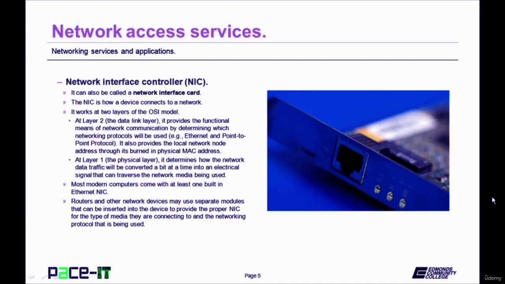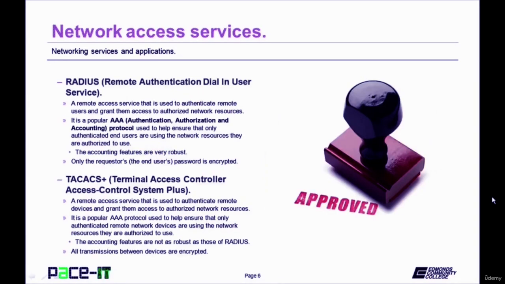Most modern computers come with at least one built-in Ethernet NIC. Routers and other network devices may use separate modules that can be inserted into the device to provide the proper network interface controller for the type of media they're connecting to and the networking protocols that are being used.